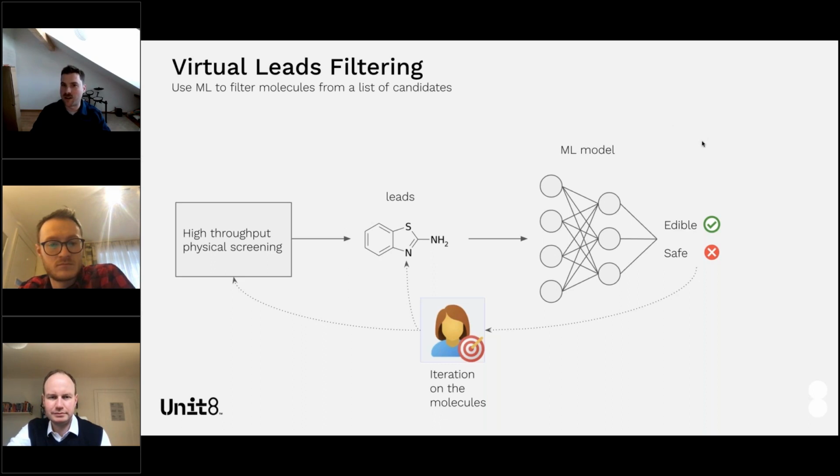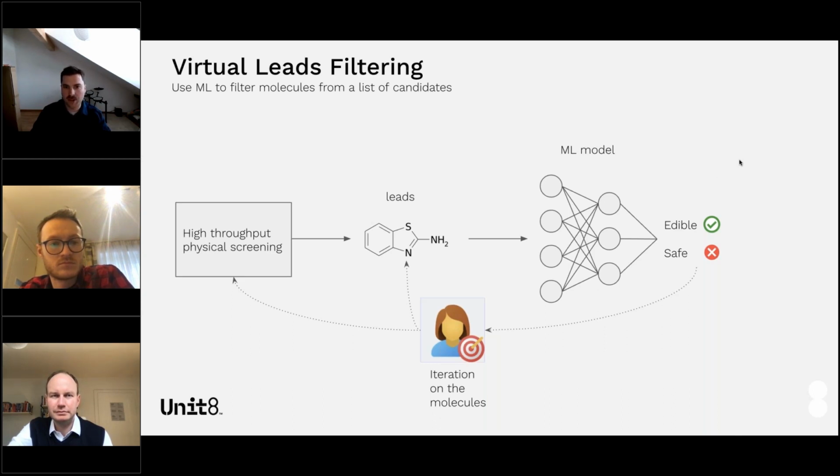And for example, if a drug is unlikely to be safe, well, that's valuable input for the chemist, because it means the chemist can either go back and try to find a similar molecule but a little bit different, or maybe we can simply extend the list of molecules that are being screened.